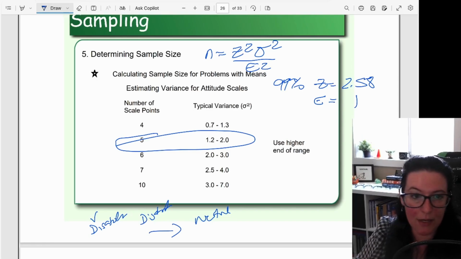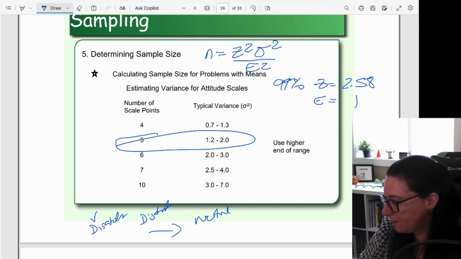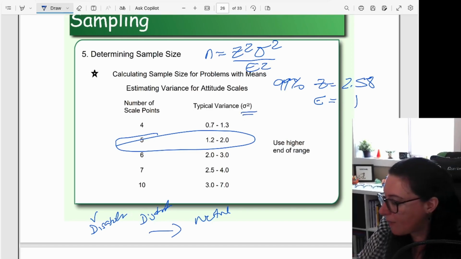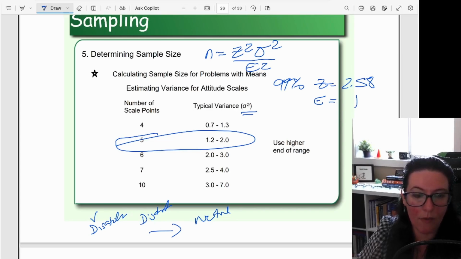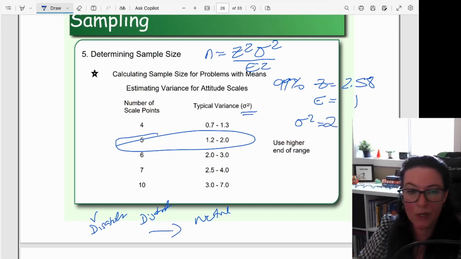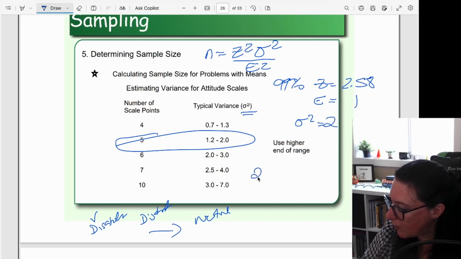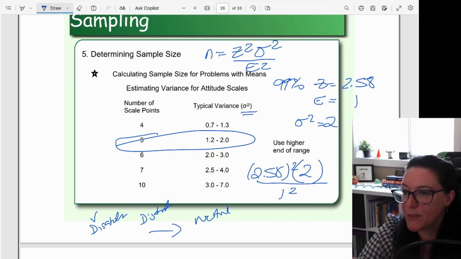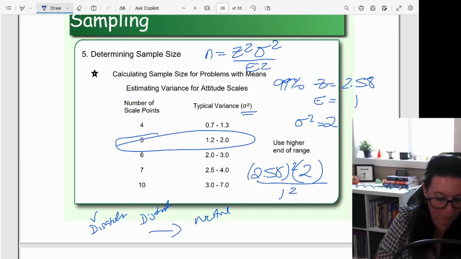And here then we need our sigma squared, or our sigma. We'll just go with the upper bound here of 2. So then to do our calculation, we would do 2.58 squared times 2, because that's already sigma squared, divided by 1 squared.